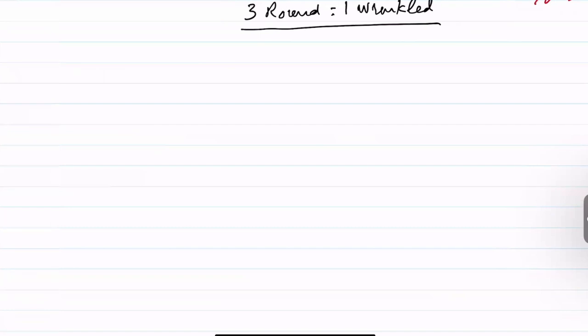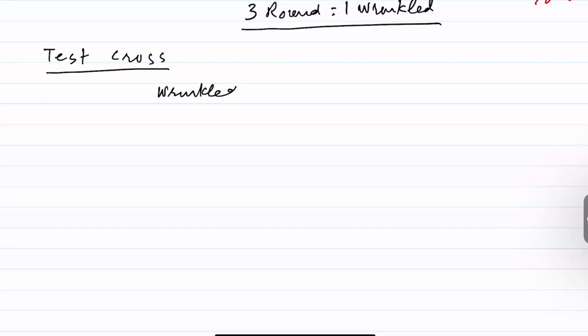Now let's see a test cross. As we have understood from this cross, a wrinkled seeds plant will always have only one possible genotype, which is r small r small.